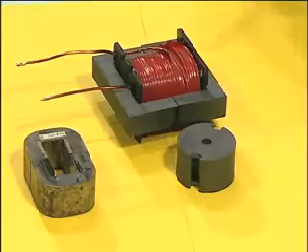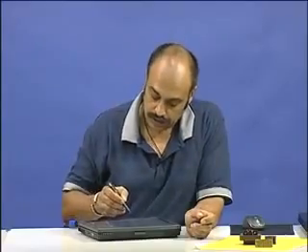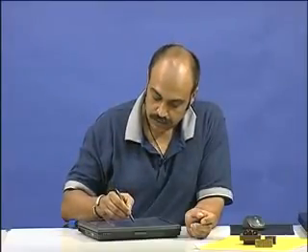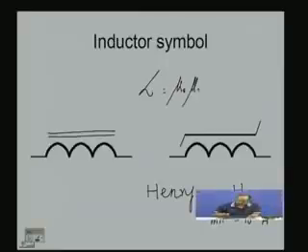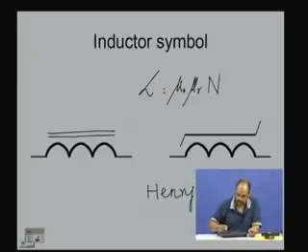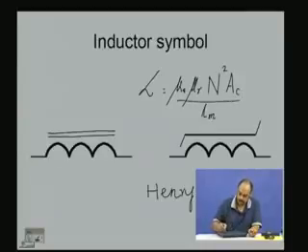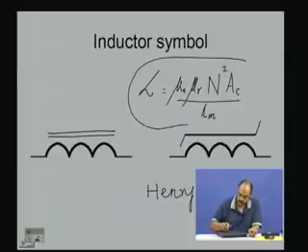Okay. So, this is how the inductor has to be manufactured, and it is basically dependent upon the following equation. So, you have L, which is equal to mu naught mu r n square Ac by Lm. So, this is the inductor equation.